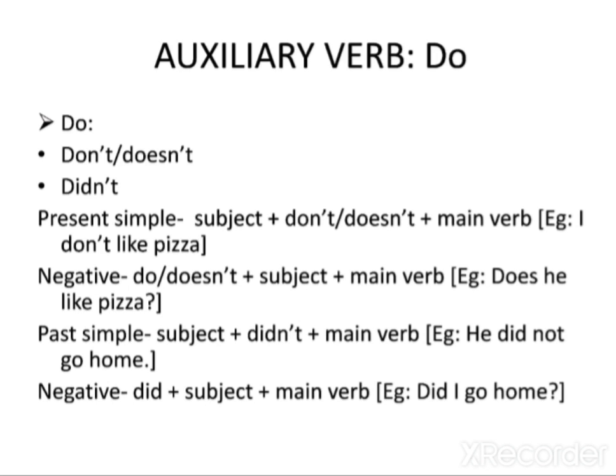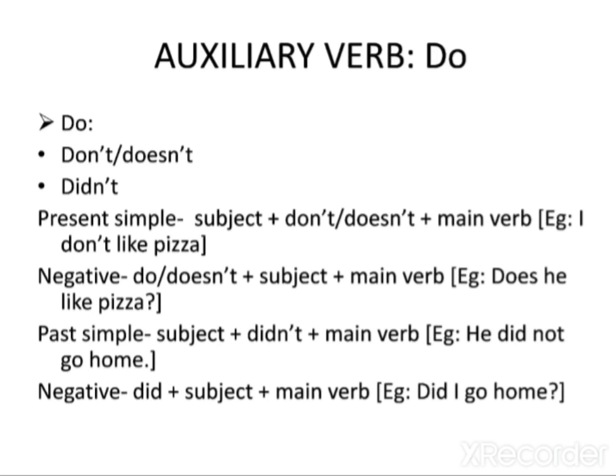We only use this auxiliary verb for the negative and the question form. So in the negative, we are going to use subject plus don't or doesn't plus the main verb. Now, this is where English gets tricky, and you have to remember that if it is I, you, we, and they, we use don't.